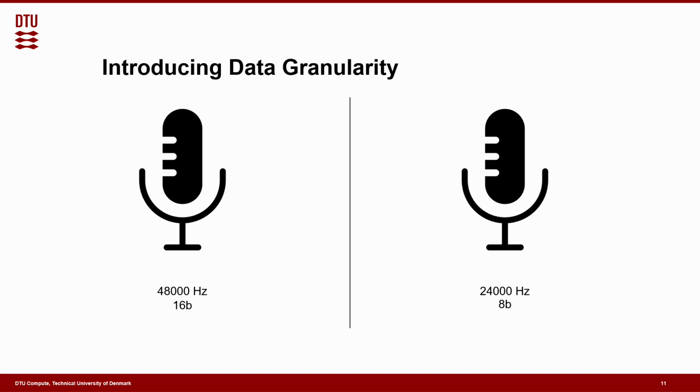And the other microphone on your right is capturing data at 24,000 hertz and using 8 bits to store this data. They're both listening to the same data, but one is capturing a lot more information about said data. And there we would say that the microphone on the left would be having a higher data granularity than the one on your right.